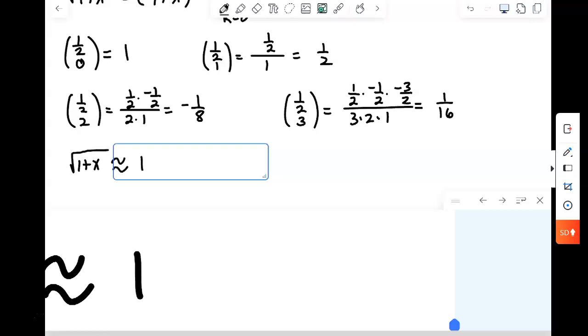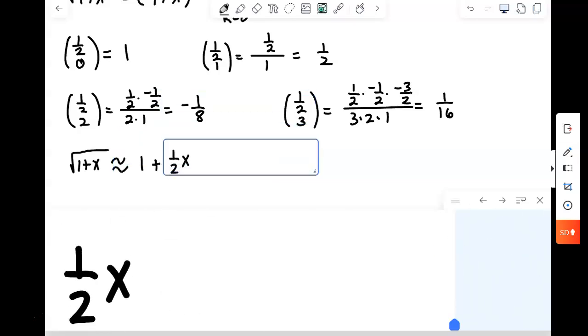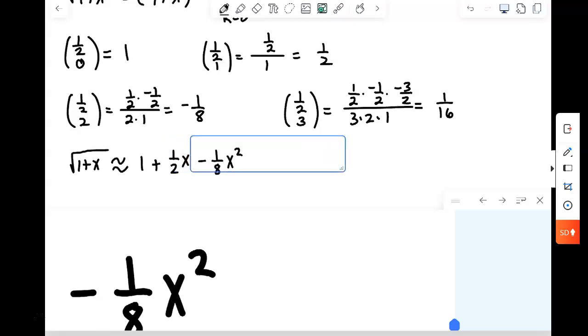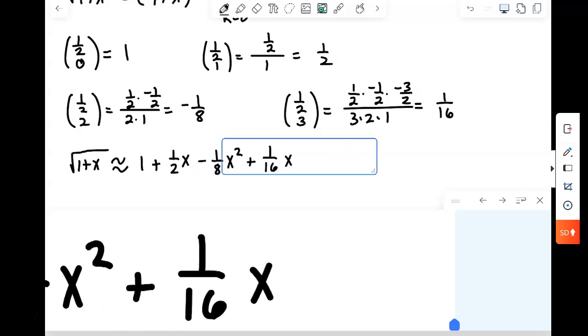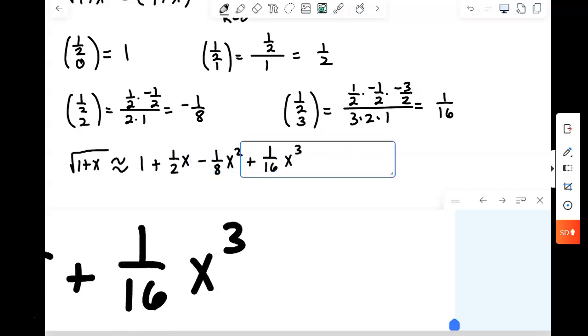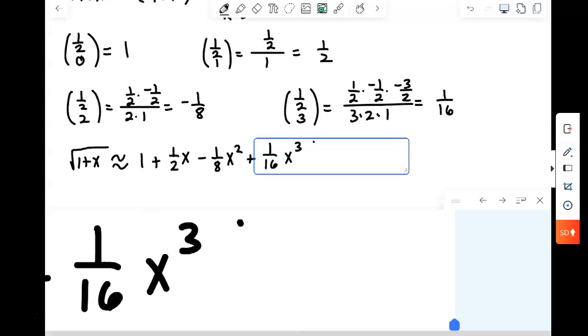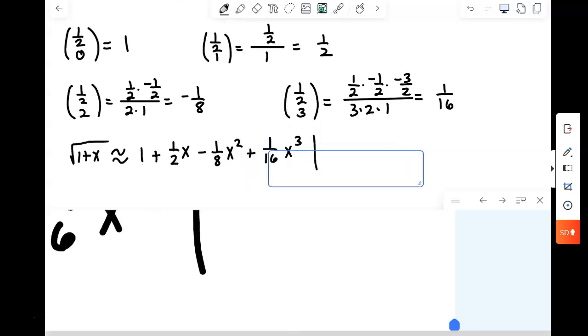1 x to the 0 plus 1/2 x to the first minus 1/8 x squared plus 1/16 x to the third. And we're going to evaluate that when x is equal to 0.1.